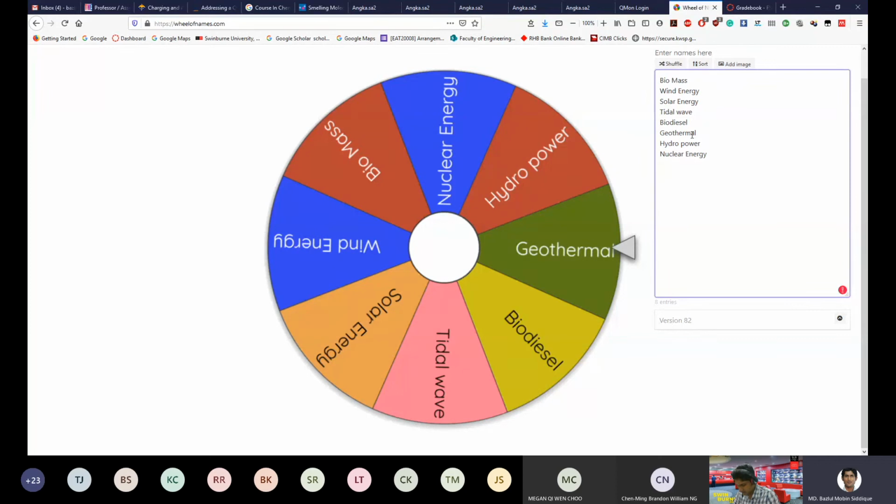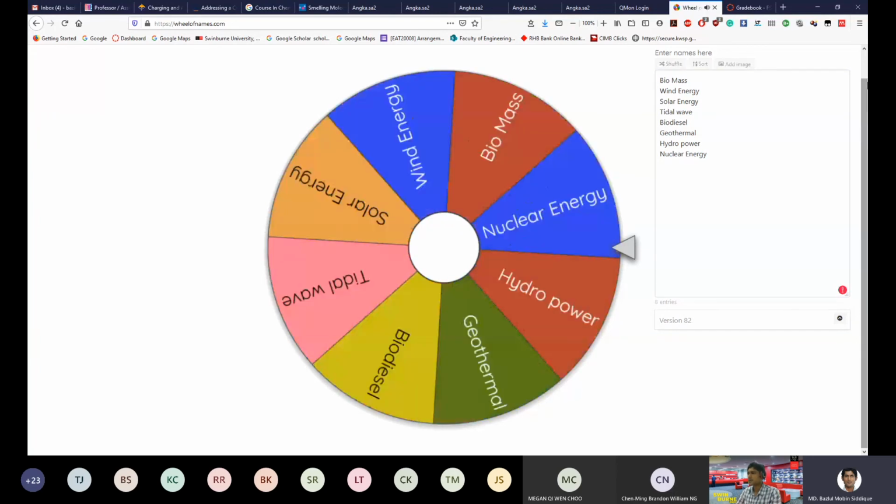Geothermal is here. Nuclear is here. 1, 2, 3, 4, 5, 6. Okay. Once again, I'm going for group, which one was the first one? Group 4. Okay, group 4. Now let me check once. 1, 2, 3, 4, 5, 6, 7, 8. Going for group 4.